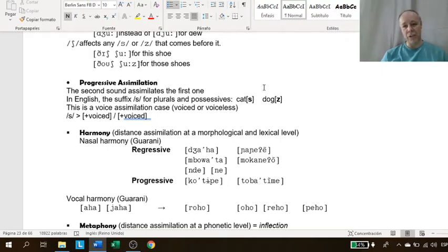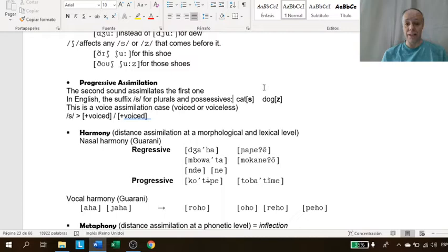Now, let's look at progressive assimilation. Progressive assimilation is the opposite of regressive assimilation. Progressive shows us the future, progress, going that way. It means that the strong sound will force the weak sound to behave like it. Example: the second sound assimilates the first one. In English, the suffix s for plurals and possessives.